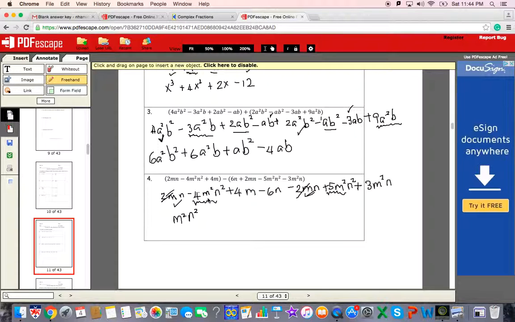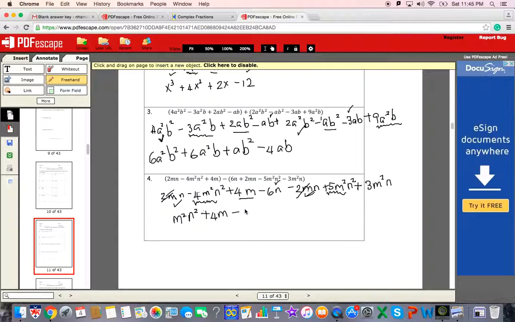And we try to be as neat as possible. All right. So I'm going to use straight underlines under the m's. There is a 4m here, and there is no other, just m. So we have a 4m, and I will use a check mark above 6n here, and no more.